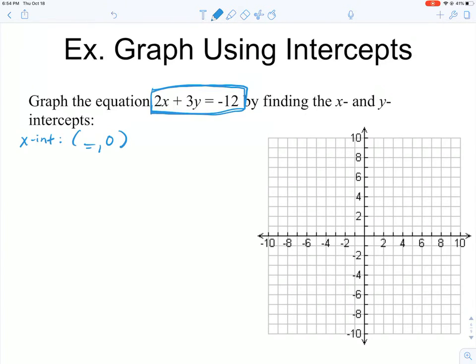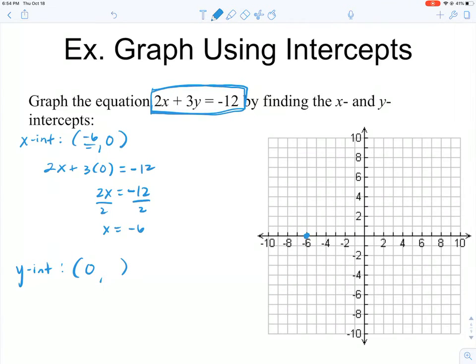We need to solve for the x value. So 2x plus 3 times 0 equals negative 12. 2x equals negative 12. And divide by 2 on each side of the equation, and we'll get x equals negative 6. Okay, graph that point.